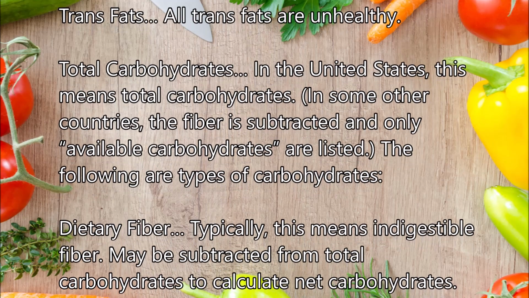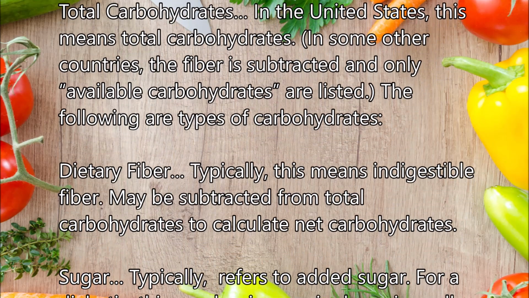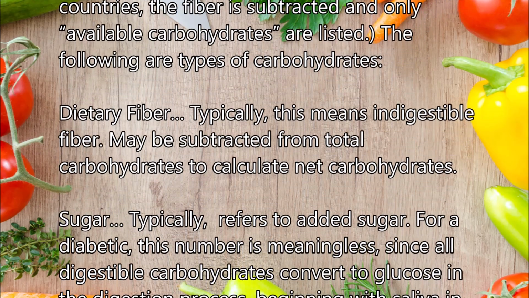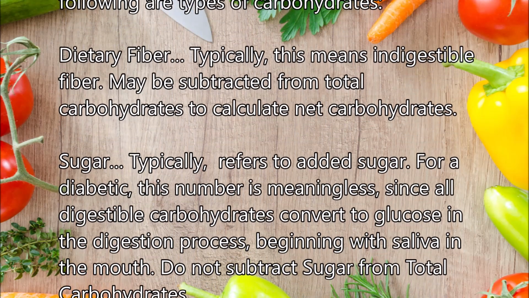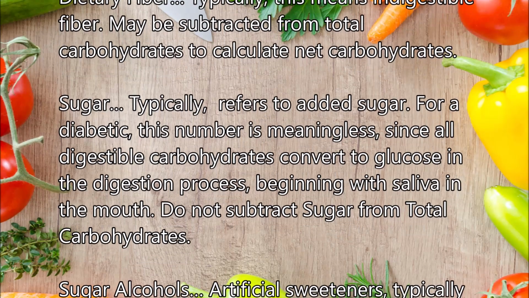The following are types of carbohydrates. Dietary fiber. Typically, this means indigestible fiber. May be subtracted from total carbohydrates to calculate net carbohydrates. Sugar. Typically, refers to added sugar.